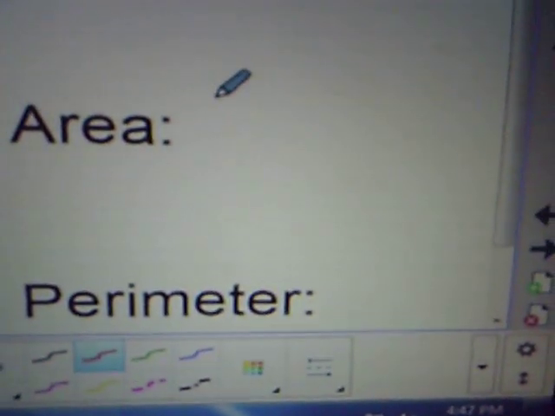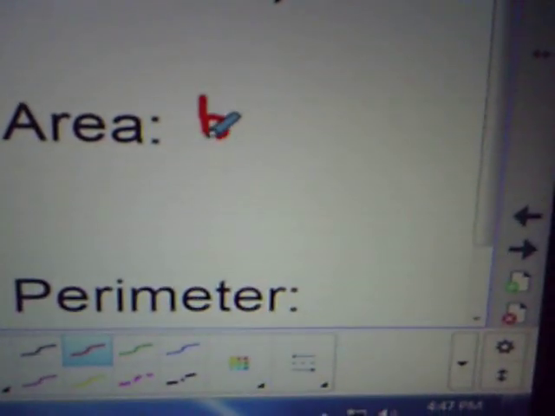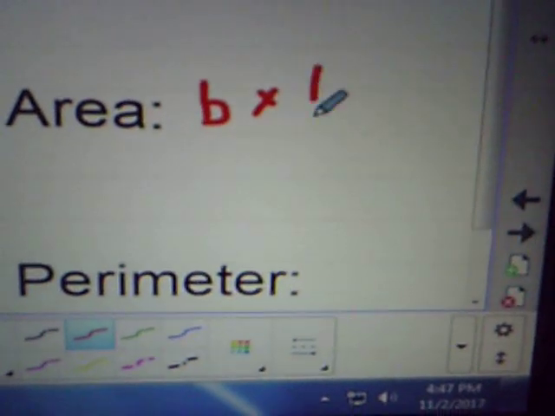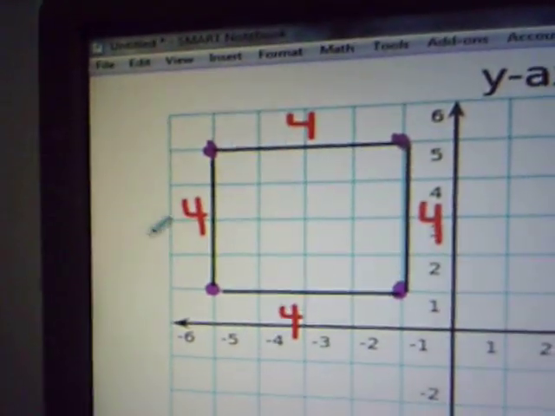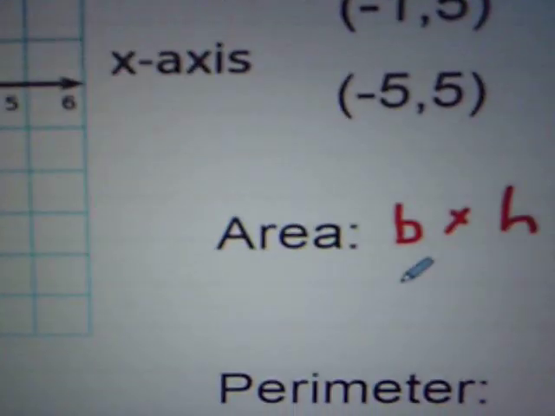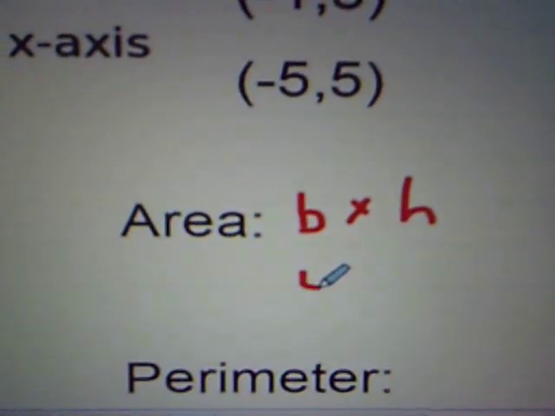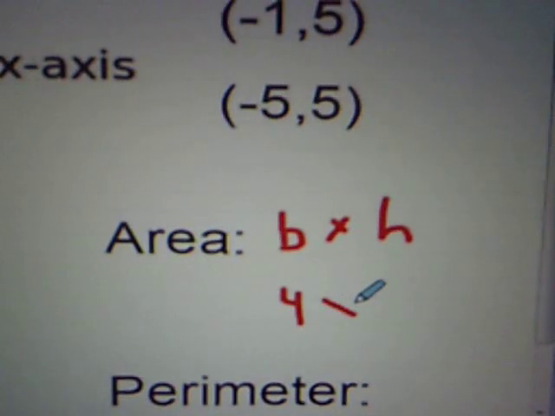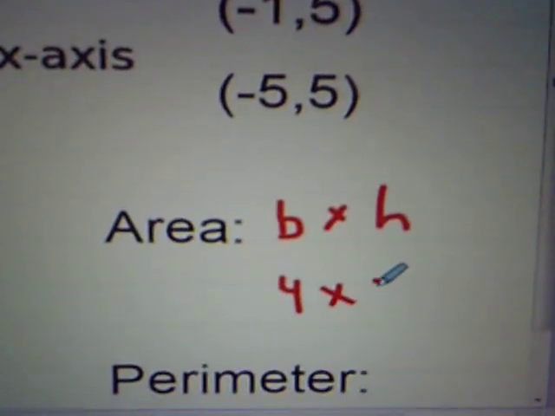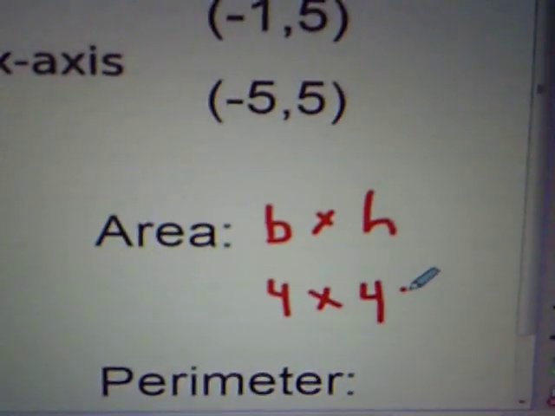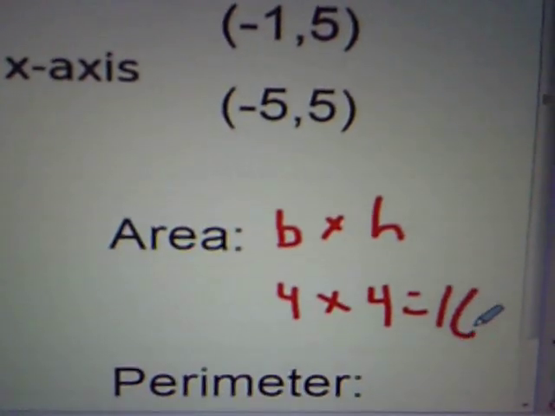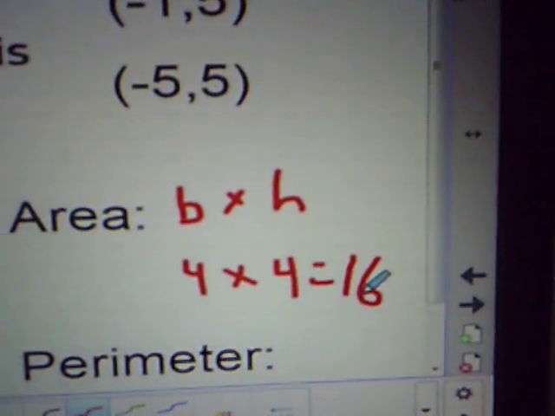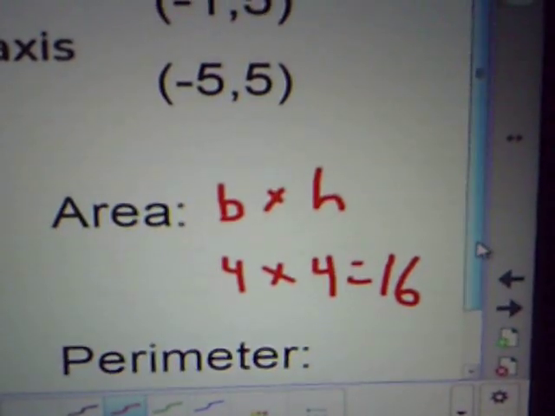Area is equal to base times height. In this case, our base is 4, and our height happens to also be 4. So we do the simple calculation of 4 times 4, which is equal to 16. So we can say that our area is 16 square units.